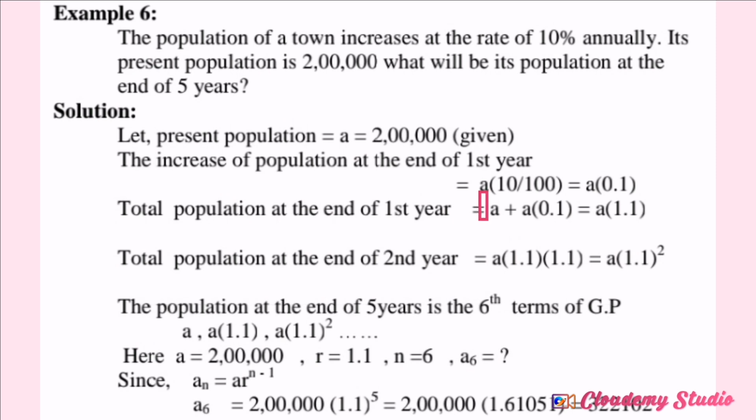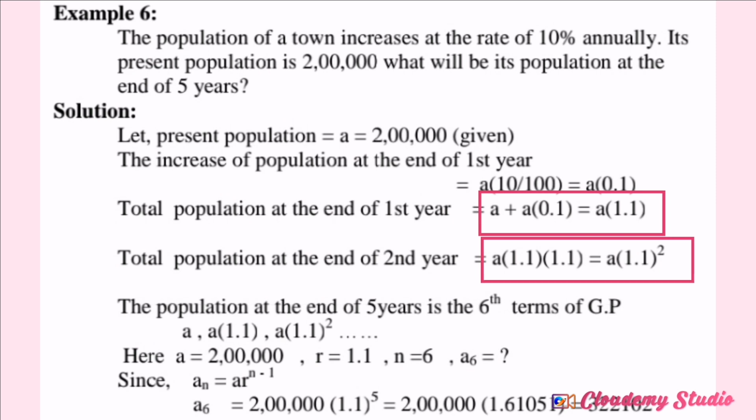Total population at the end of the second year will be A into 1.1 multiplied by 1.1. So this becomes A into 1.1 whole power 2.